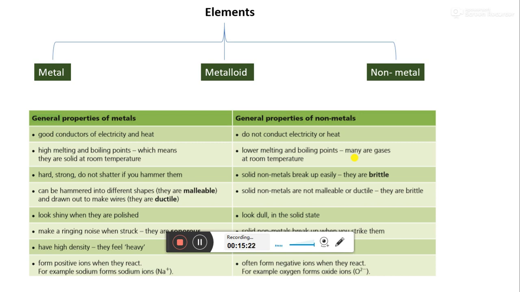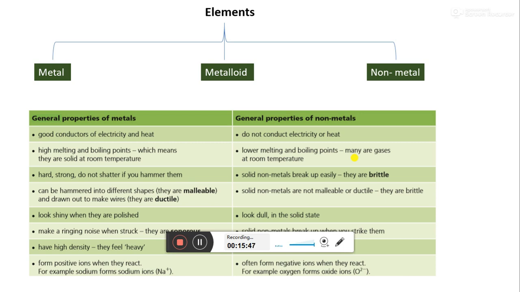These are the non-metals. Metals are strong, they do not shatter if you hammer them. They do not shatter means they do not break apart, like if you break a glass piece, the glass shatters, but metals do not shatter, right?